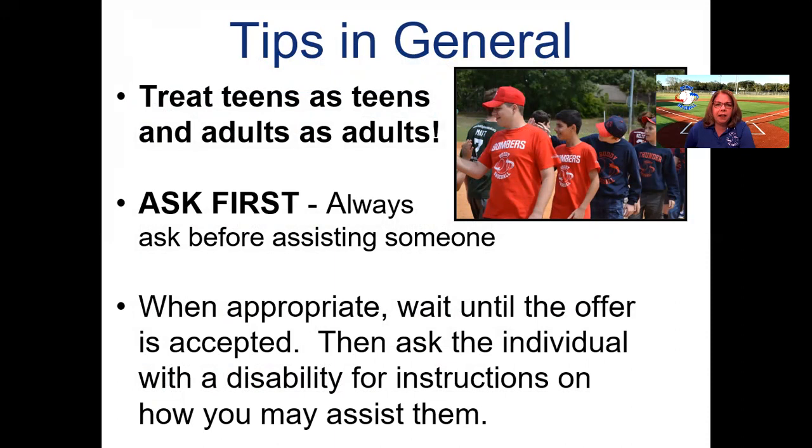Now, true, you do have to take into account their abilities, but for the most part, treat them in an age appropriate manner. Also, you want to ask them if they need assistance before just assuming that they can't do something. And if you can, wait until they accept the offer of assistance. And you're going to get to know your player and what they need and don't need. And certainly the parents and the coaches will be a help as well.